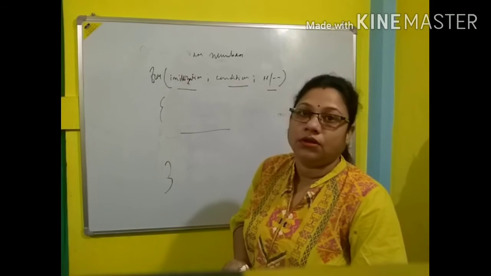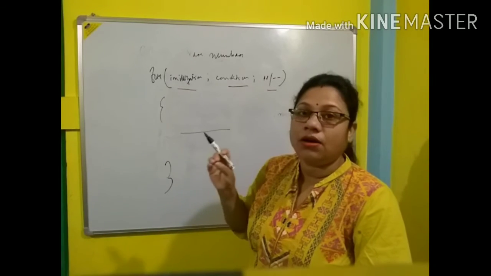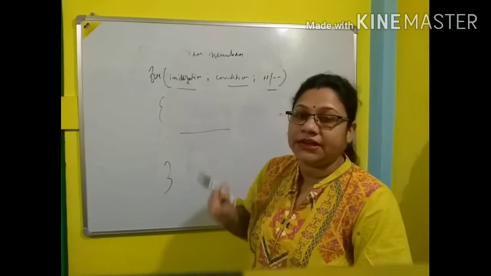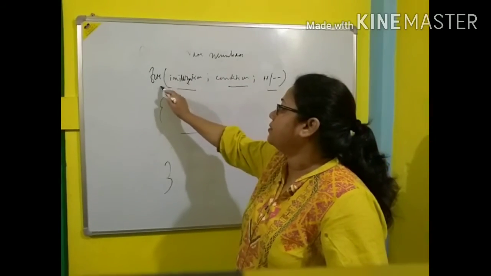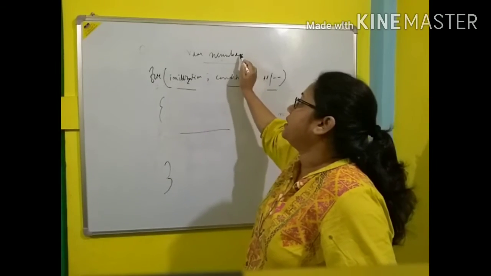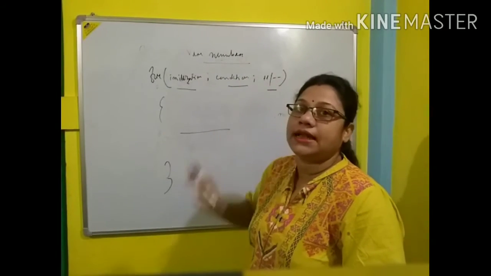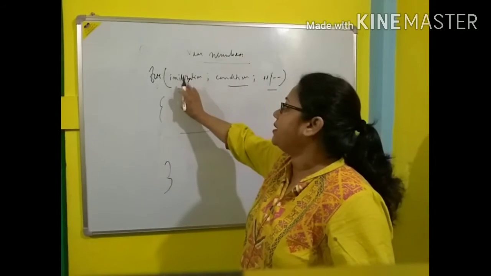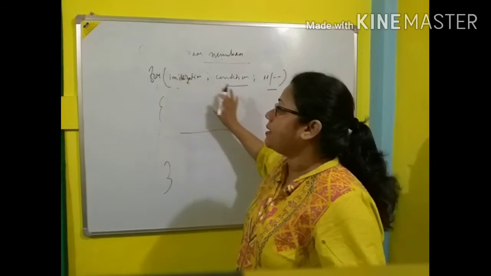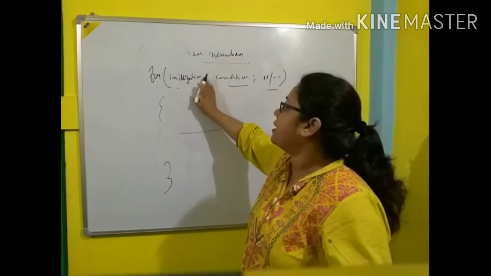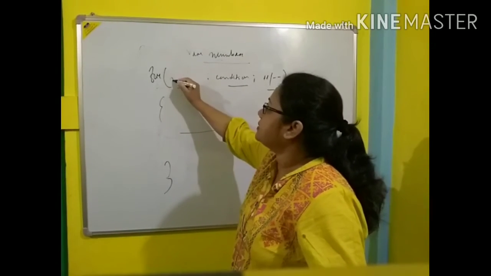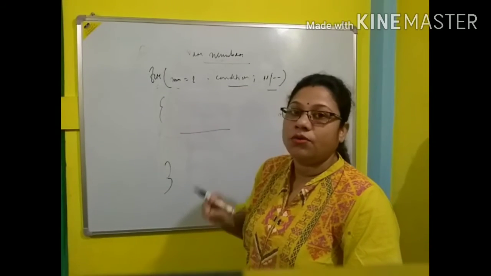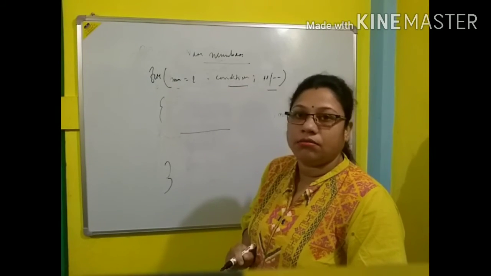In the do while or while loop, we initialize the loop variable at the time of declaration. But when you use the for loop, no need to initialize it, you just declare the variable. So where are you going to initialize it? Inside the for scope. So here we initialize it, that is number equal to 1.